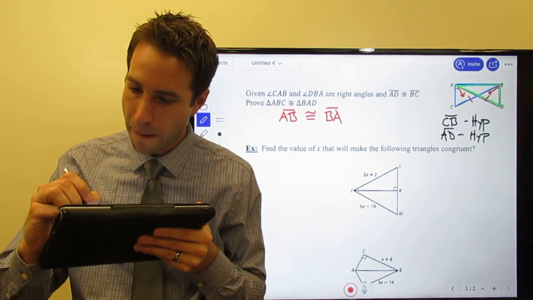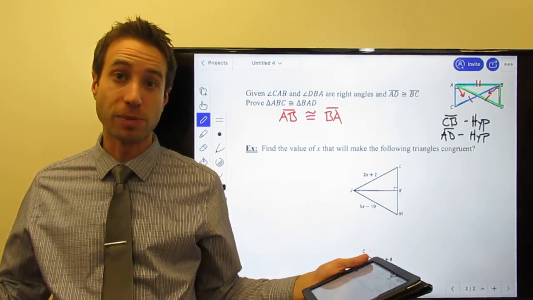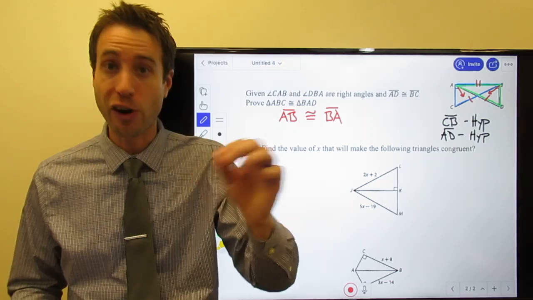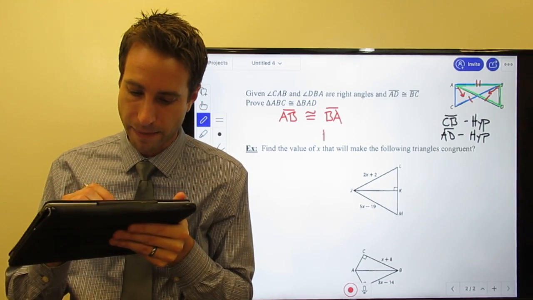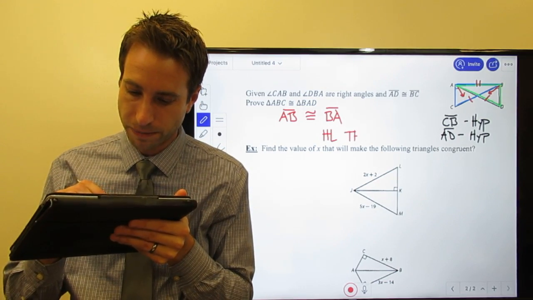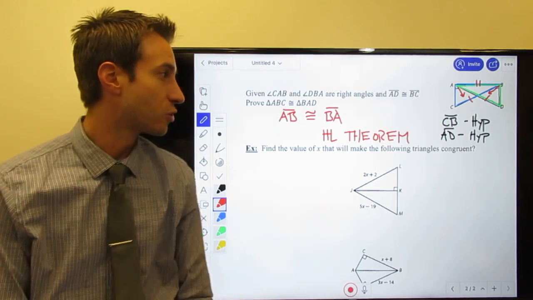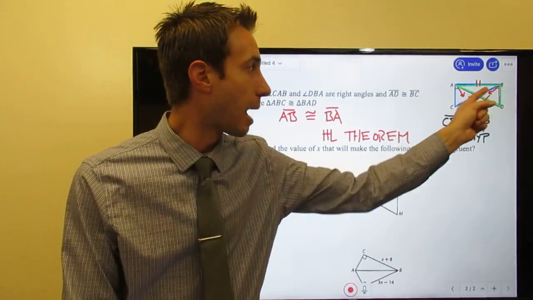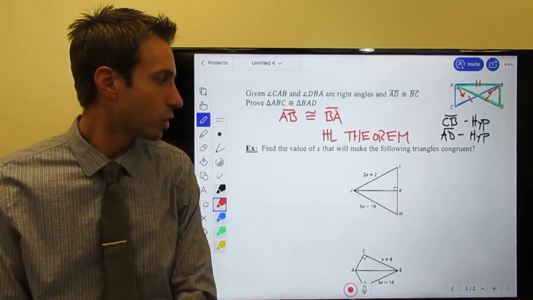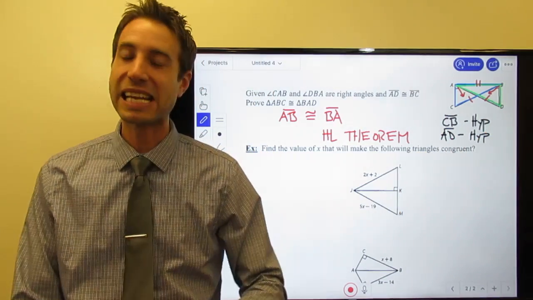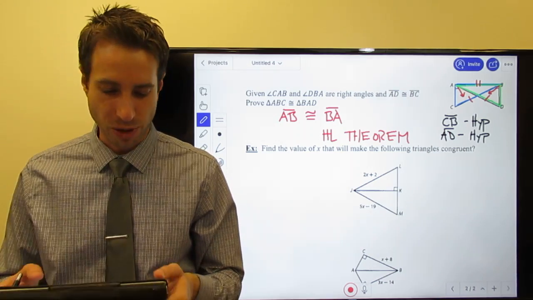So right there is my pair of corresponding legs. So once again, HL theorem, good enough. That's all we needed. I got the hypotenuses and the legs. We're good. All right, let's try a couple of these now where we'll do some algebra.